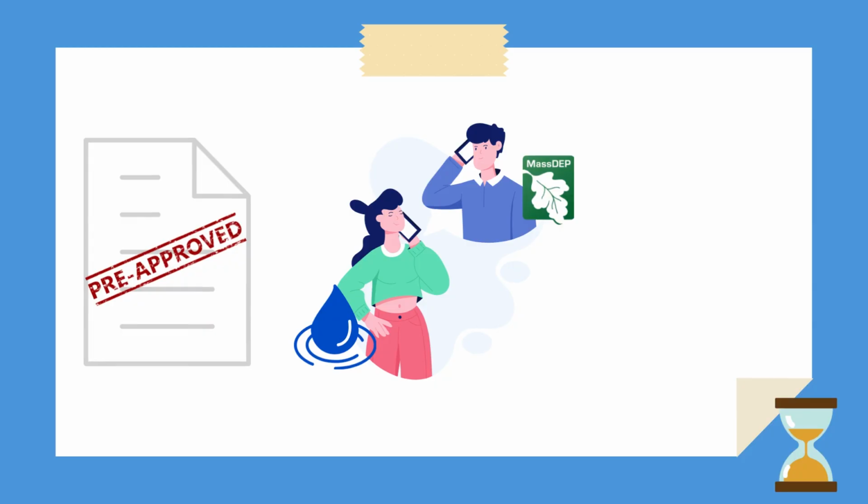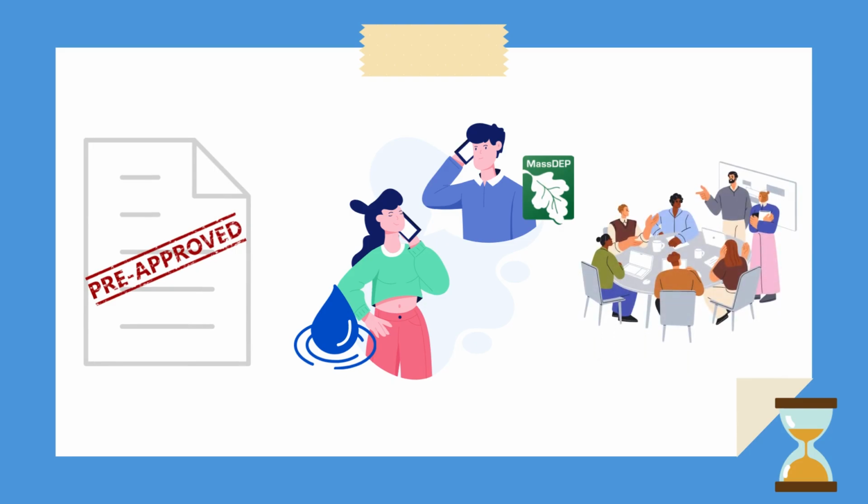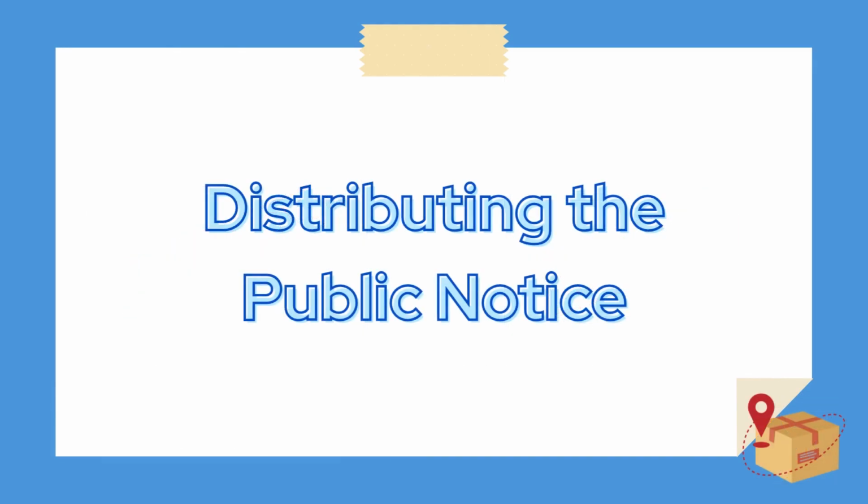If a system needs approval from local officials, like a board or committee, getting this pre-approval in advance can also reduce the stress of needing to communicate with all necessary parties within the 24-hour period. Please note that if your notice is pre-approved, your PWS must still follow the practice of notifying MassDEP when you learn of a lead exceedance and have your drafted public notice approved for final distribution.